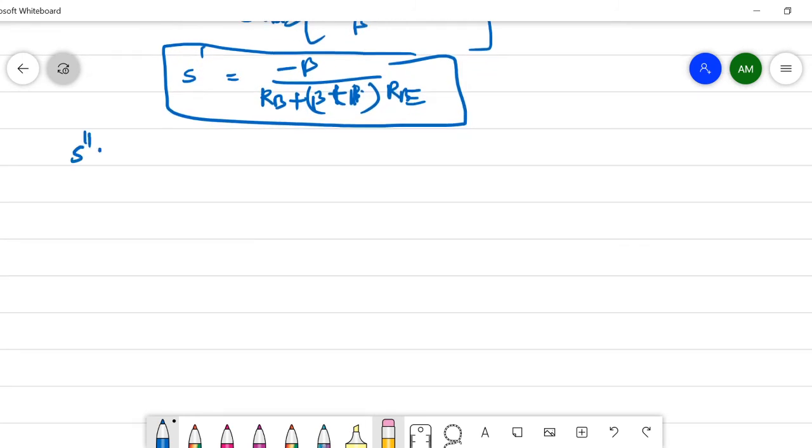So S double dash is defined as the rate of change of IC with respect to beta, keeping ICO and VBE constant. For that we already know this equation.